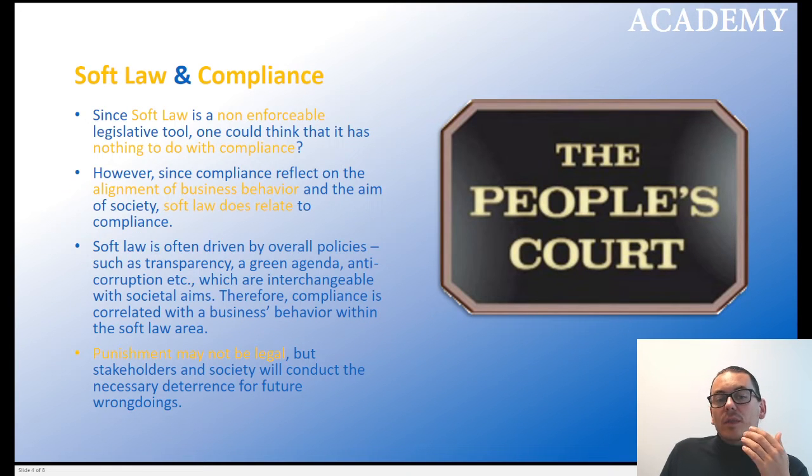So when we think about compliance, is soft law then relevant if it's non-enforceable? Well, yes, it is relevant, because soft law instruments are typically founded on the general perception amongst society on how you should act, or at least the majority's vote on how things should be, because they are policy driven.